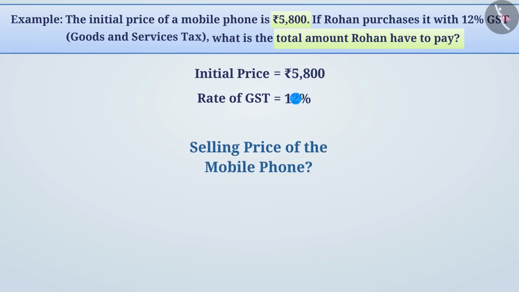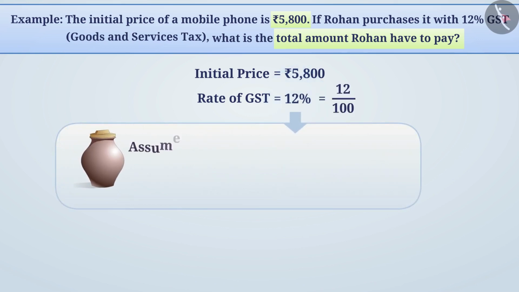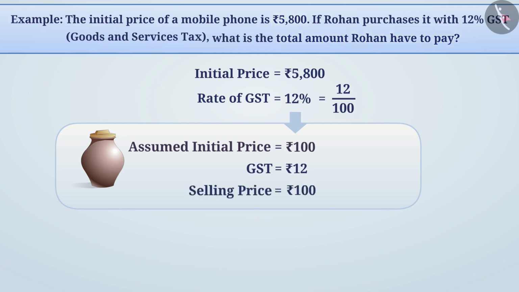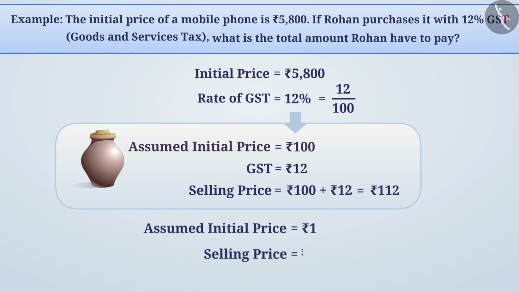We know that 12% means 12 divided by 100. That is, if we consider the initial price of the item as 100 rupees, then GST will be 12 rupees. In this way, the selling price will be 100 rupees plus 12 rupees is equal to 112 rupees. When the initial price is 100 rupees, then the selling price is 112 rupees. In this way, when the initial price is 1 rupee, then the selling price will be 112 rupees divided by 100.